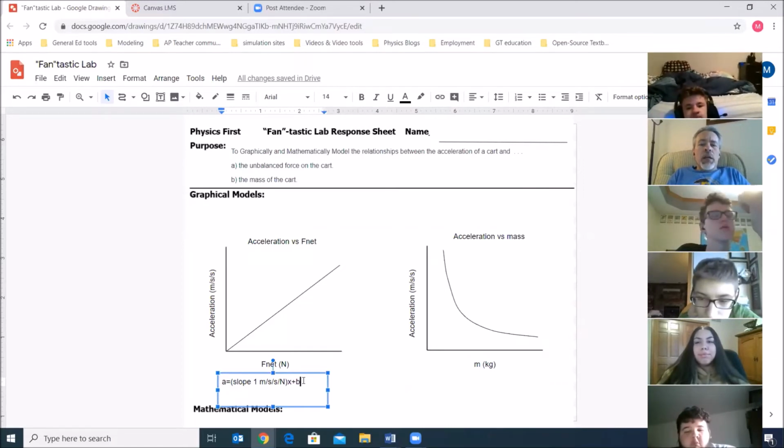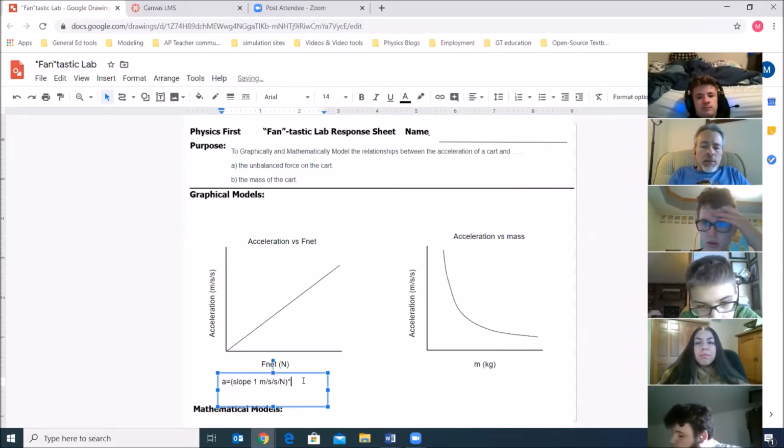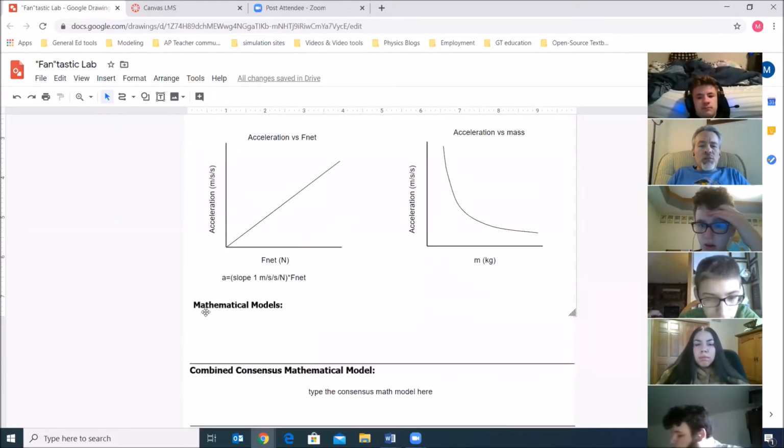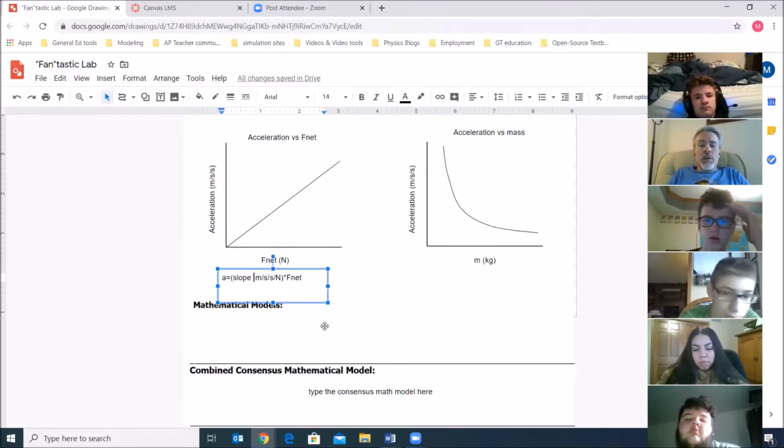All of these were a direct relationship, which means we can drop off the b, the y-intercept, and the x would be equal to the net force, F net. So everybody's equation is going to look very similar. It's going to be A equals some slope, some number, and then meters per second over newtons times F net.